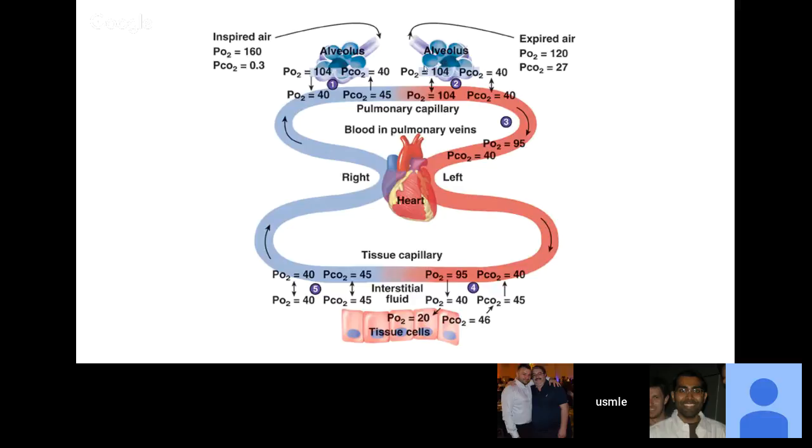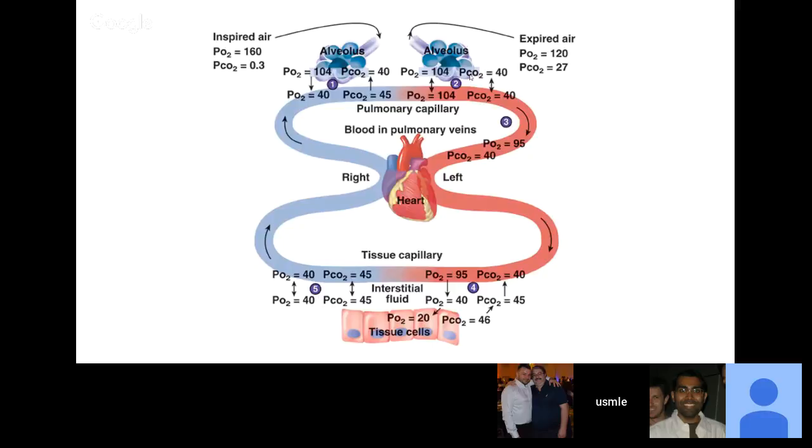Within the alveoli, the PO2 would be 104 and the PCO2 would be 40. But within the venous blood in the lung, the PO2 would be 40 and PCO2 would be 45.